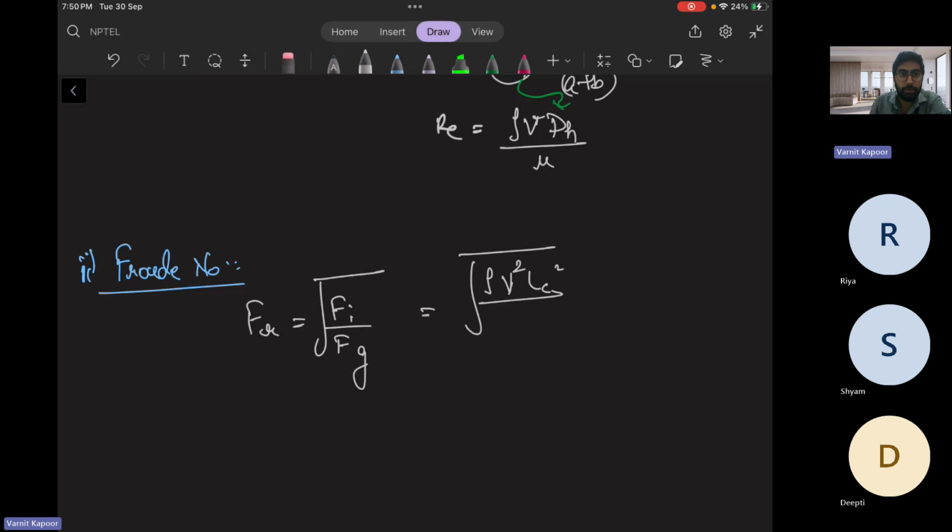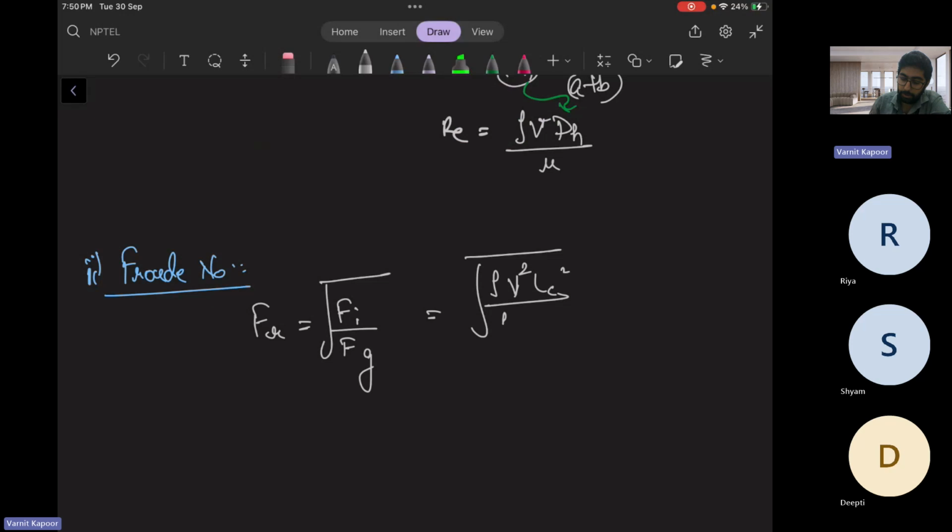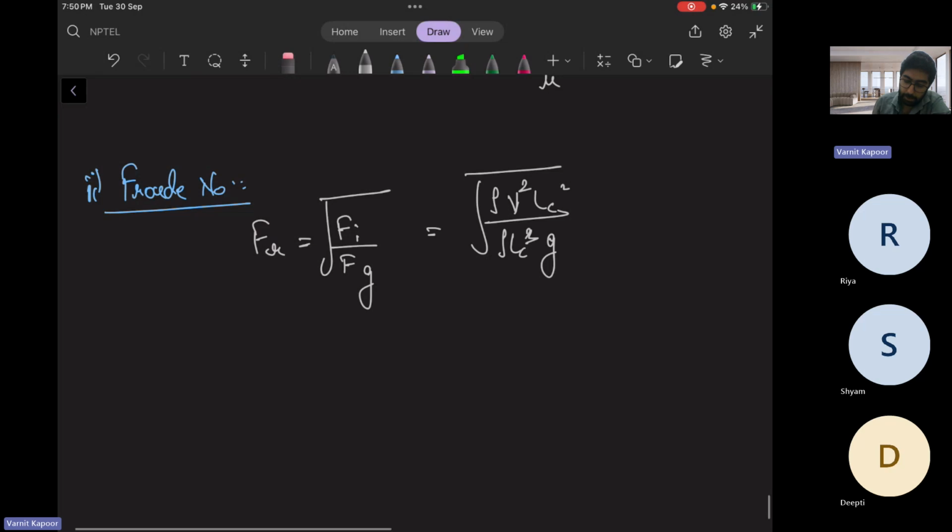Mass is density into volume, rho into Lc cube, and acceleration is meter per second square, so let us keep it as g. So rho into Lc cube into g. So it will come out to be V by root of g Lc, that is your Froude number.